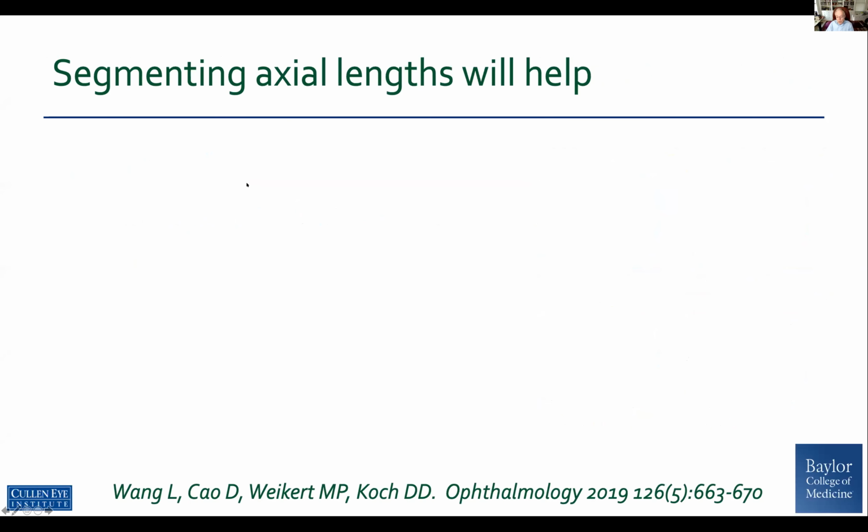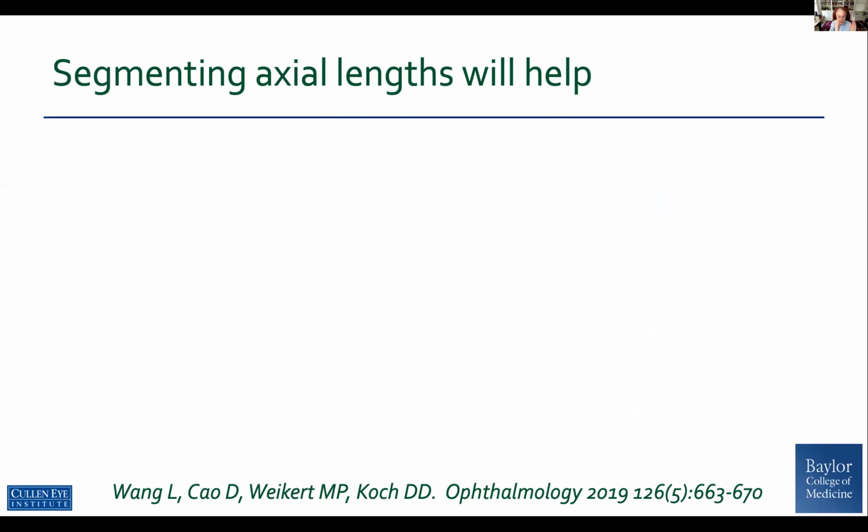We just published a study in Ophthalmology that showed that if you measure the axial length in separate units rather than a block, you might be more accurate. Remembering that what we do now with our biometers is we measure the entire length of the eye, and we convert the light that comes back with one constant back into the length of the eye.